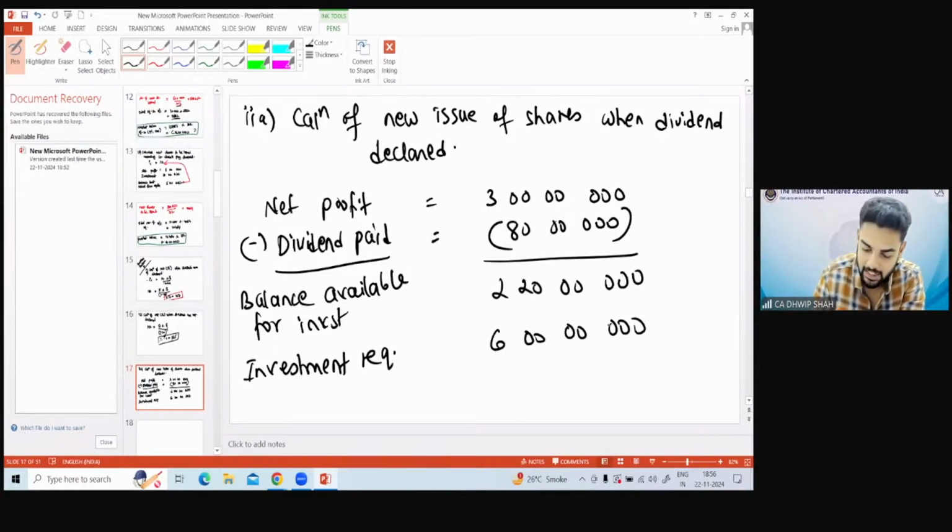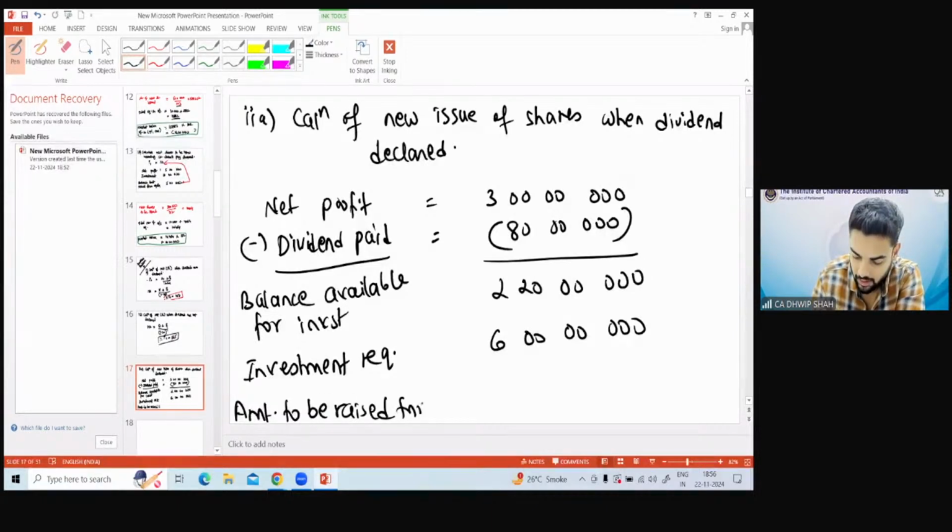So can I say the balance needs to be raised through equity? Amount to be raised through equity would be how much? 6 CR is the investment required. Balance available with the company is 2.2 CR. How much will it be? 3.8 CR. Correct? So I have to raise equity share capital of 3.8 CR.